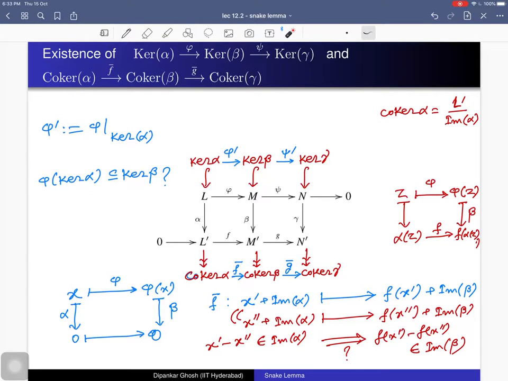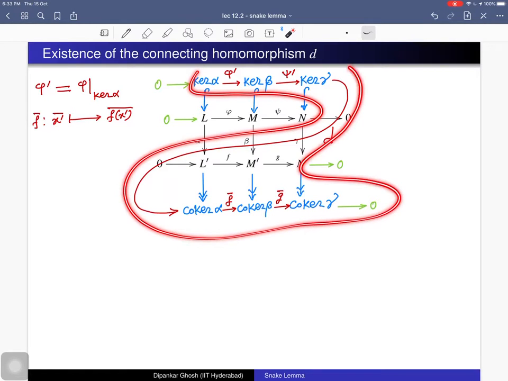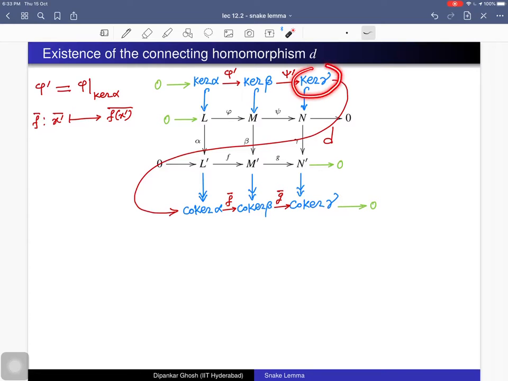And next we should find the connecting homomorphism from kernel of gamma to co-kernel of alpha, that we denote by D. So we should find this connecting homomorphism, and then one should verify that this sequence is exact at this point. So the image of psi prime should be the same as the kernel of D, and the image of D should be the same as the kernel of F bar, that one should verify.